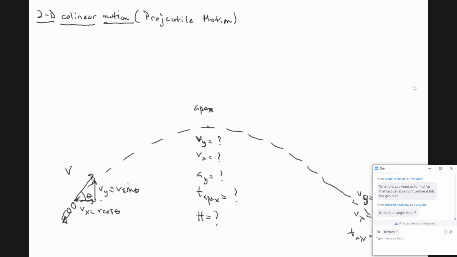No, everything's in terms of variables. The angle is theta, so everything should be symbolic. The reason I ask you to solve things symbolically is that when they do quantitative questions, they'll change things.